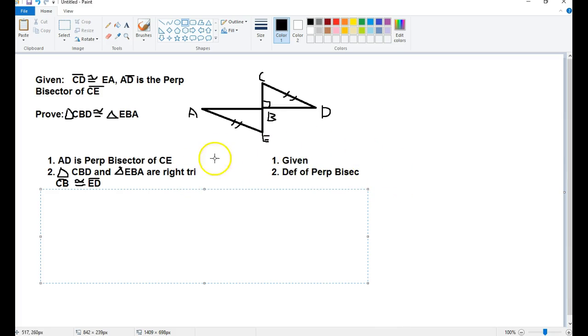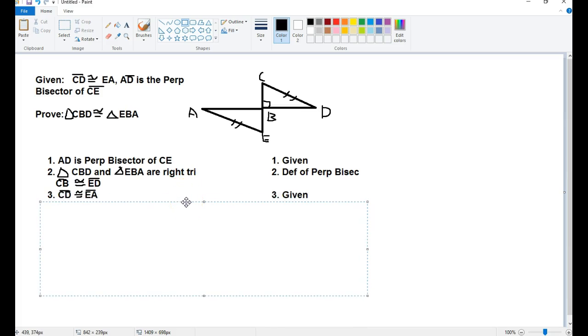So from that one step, we showed that these two triangles are right, and this side and this side are congruent. It's important to know that when you are doing these proofs, they should follow some kind of order. So you said this fact that this is a perpendicular bisector, then what does that tell you next?